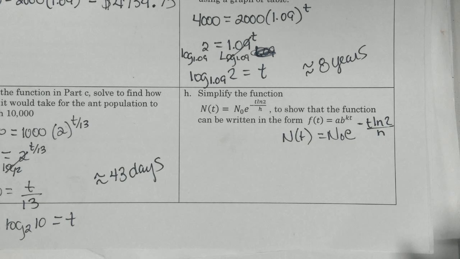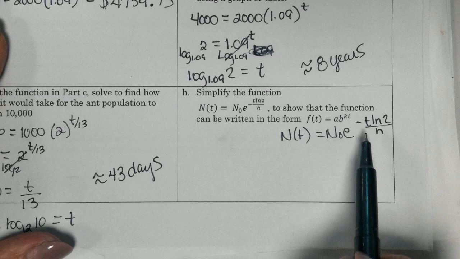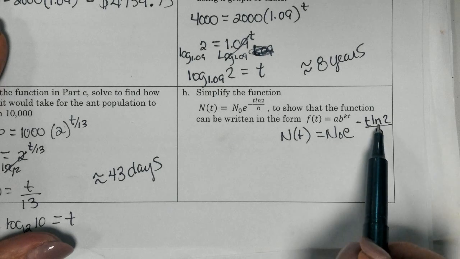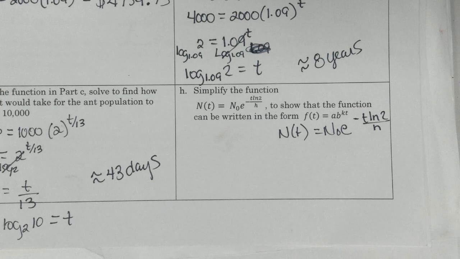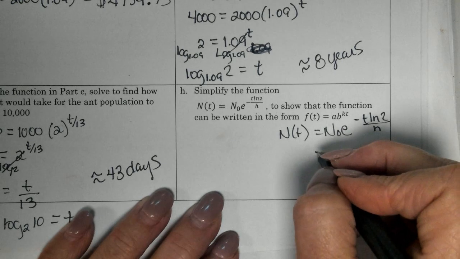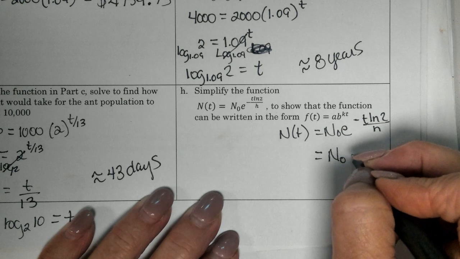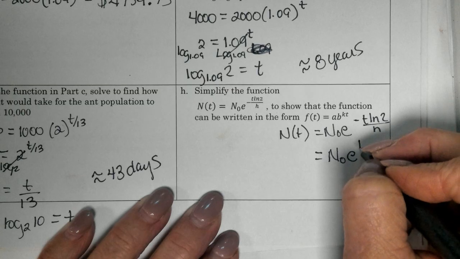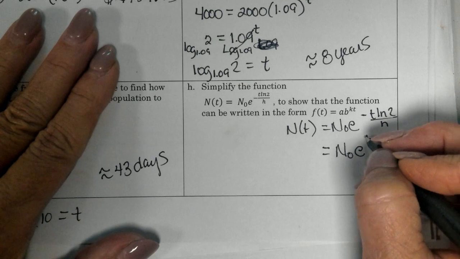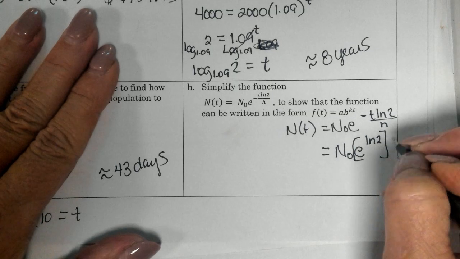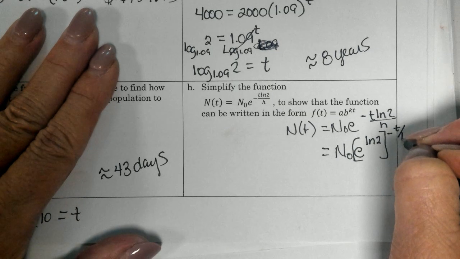Since I've got the natural log of 2 up in my exponent, remember, if your base number is the same as your exponent's log, you're going to be able to cancel those out. So I'm just going to rearrange the order of my exponent into e to the natural log of 2, to the negative t over h.